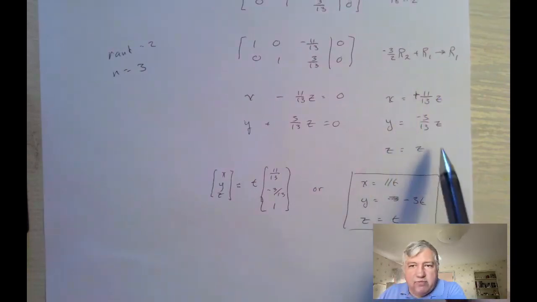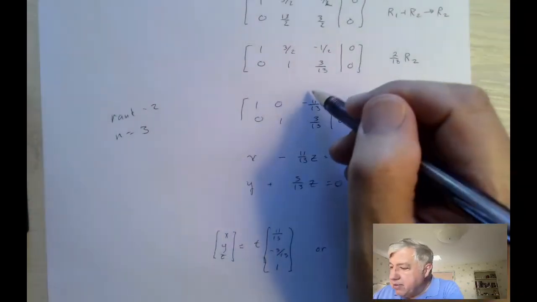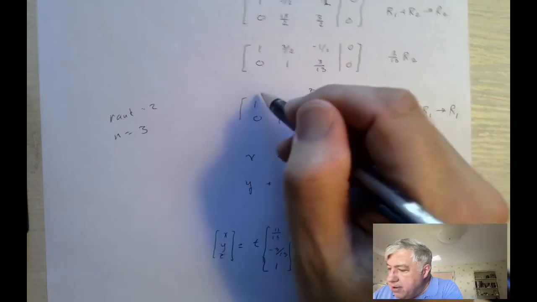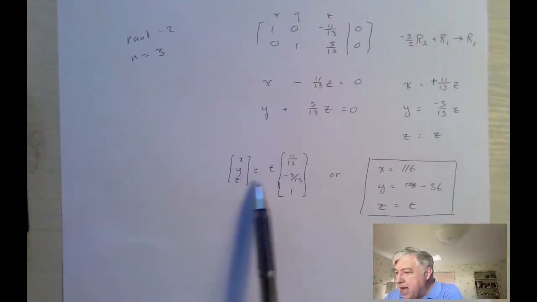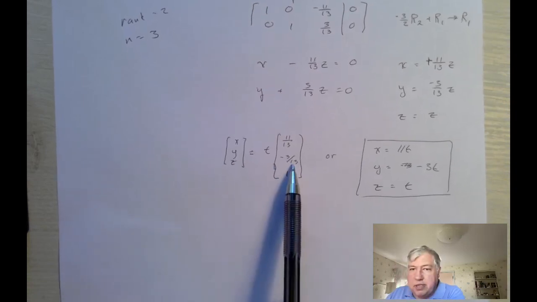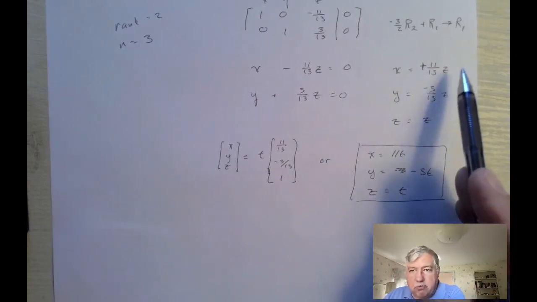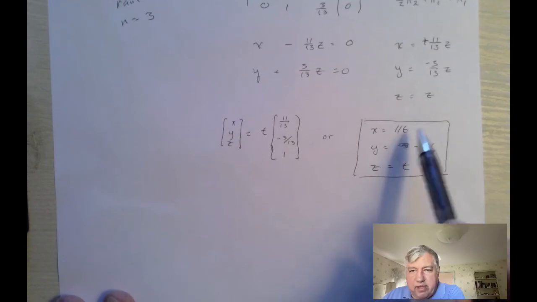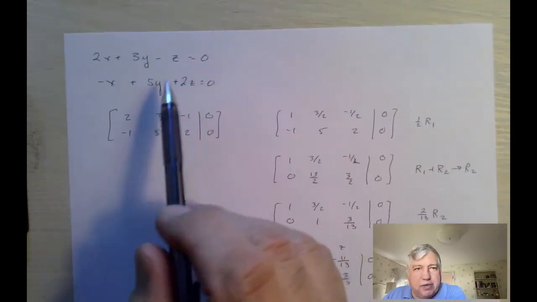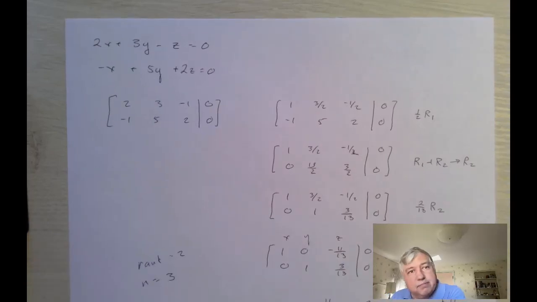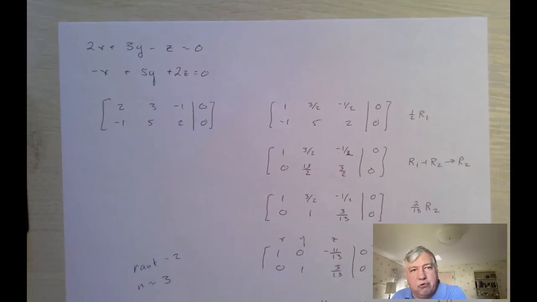Once again, we have one free variable z, which is right here. And we'll see that the solutions can be described with z, or you can replace z with any letter you want, or t. This will be a line. In fact, remember, these are two planes, and in this case they intersect in a line.